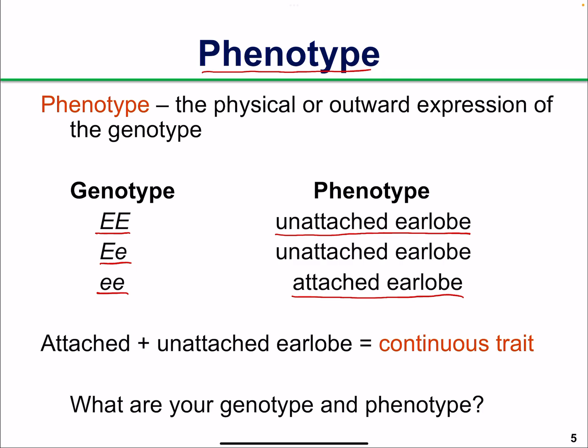Now, here is the reality I want you to remember. I want you to remember that attached, unattached earlobe, it's not clear cut. It's not basically two alleles that are occurring and that you have attached earlobe or unattached earlobe. The reality is that further studies were developed and showed that attached and unattached earlobe is actually a continuous thread.